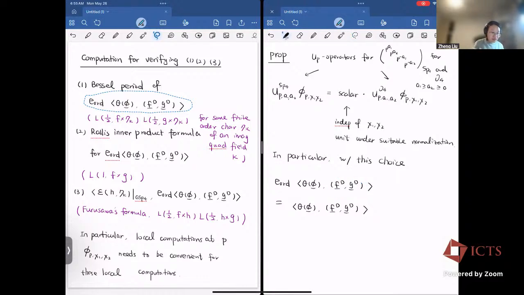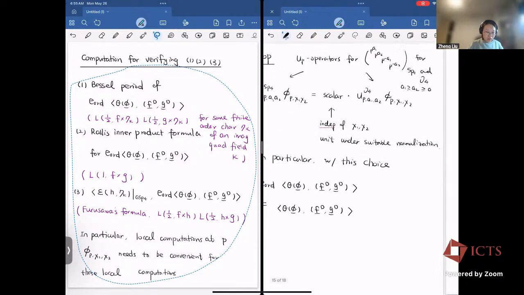And so that means at least when I need to do all these computations, I don't need to consider all these ordinary projectors. This actually already will simplify a lot of these computations. So this is already an advantage.